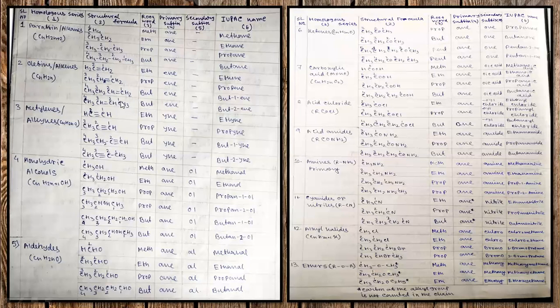One thing we have to identify from these four examples is that you have to start the numbering from the carbon atom which contains the double bond. You just come to these two examples. In the first example, I start the numbering from the right side because this carbon atom contains the double bond. In the next example, the double bond is present in the middle position.